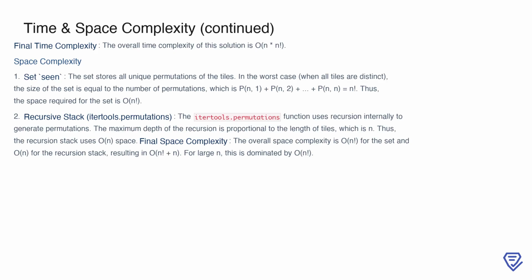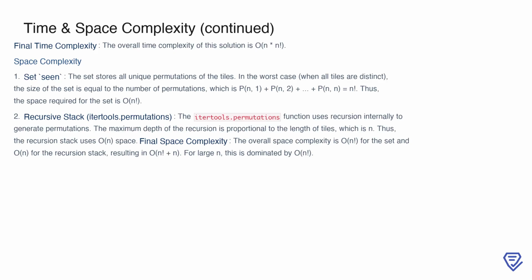Now, let's evaluate the space complexity. The primary contributor to space usage is the set scene, which stores all unique permutations of the tiles. In the worst case, where all tiles are distinct, the size of this set equals the total number of permutations, which is n factorial. Therefore, the space required for the set is O(n!).